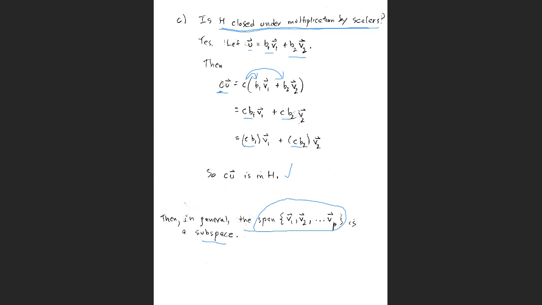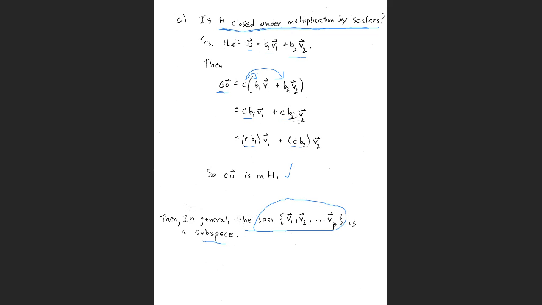But if we had the span of three vectors, we could prove that. We would just do the same steps that we used to show that the span of two vectors is a subspace. Use the same approach to show that the span of three vectors is a subspace, or the span of four vectors is a subspace. It would be the same approach.